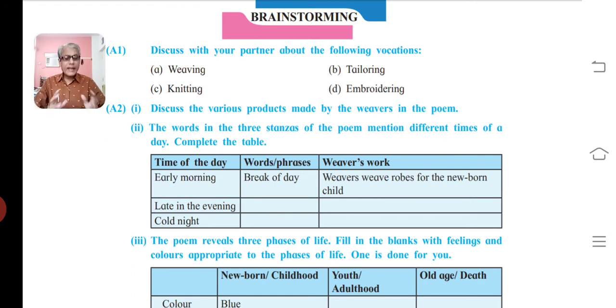A tailor can have his own machine and stitch clothes according to the needs of his customers. Means a tailor can have his own machines and he can stitch the clothes according to the needs of his customers.